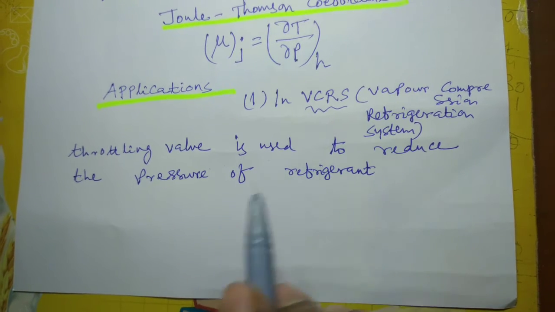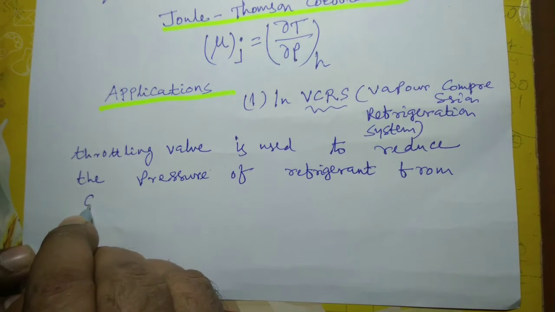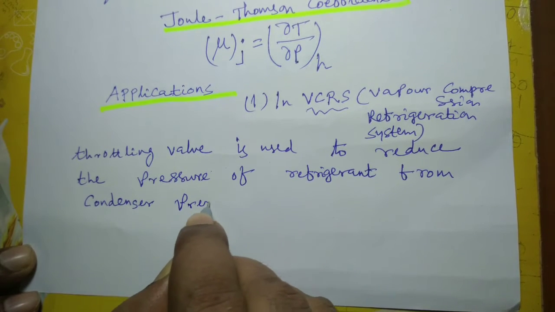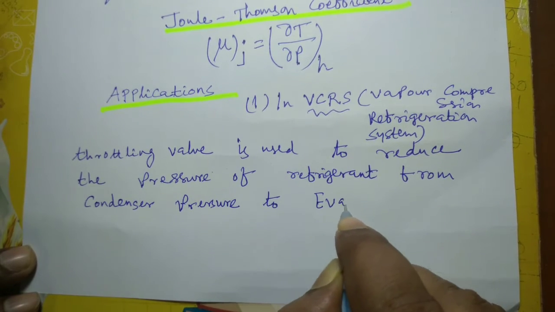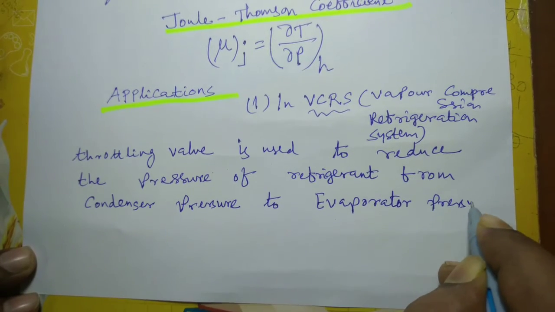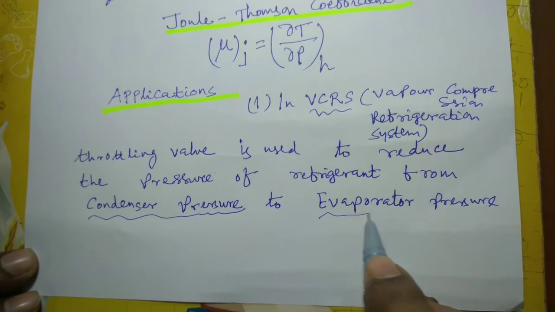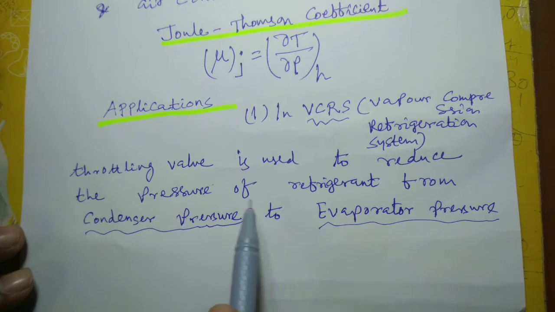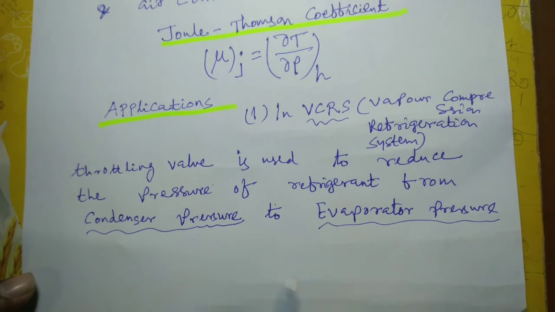It is used to reduce the pressure of refrigerant from condenser pressure to evaporator pressure. So this condenser pressure is always on the higher side, and evaporator pressure is always on the lower side. So this function of the throttling valve is to reduce the pressure of refrigerant from this condenser pressure to evaporator pressure.